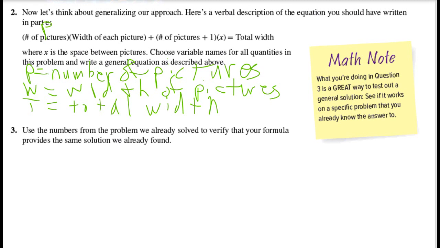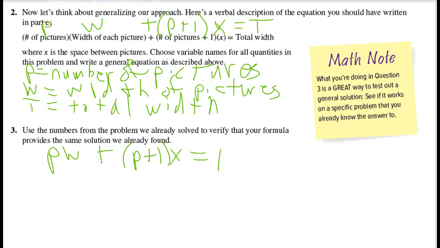So PW plus the quantity P plus 1 times X equals T. And write the general equation as described above. So now we want to check and see that that works. So P is the number of pictures. So actually I'm going to rewrite the equation. PW plus P plus 1 X equals T.